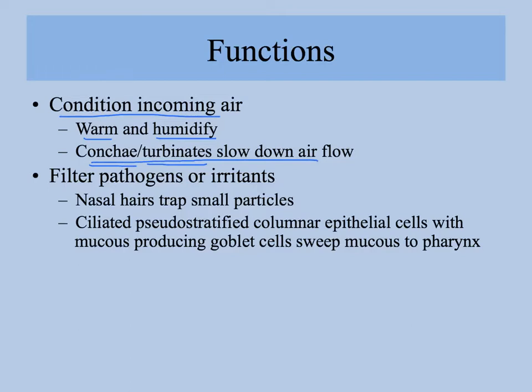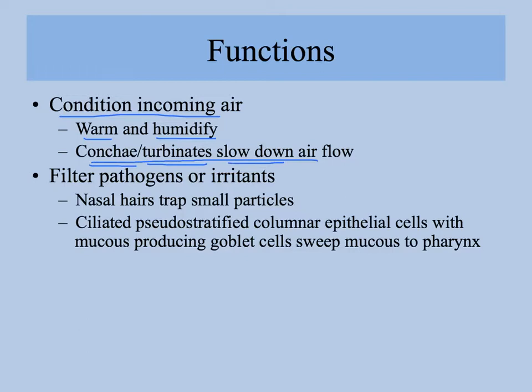This helps slow down the airflow, like you had in your lymph glands, when you take a flowing fluid like air or lymph and send it through numerous channels and around corners. It will slow it down.